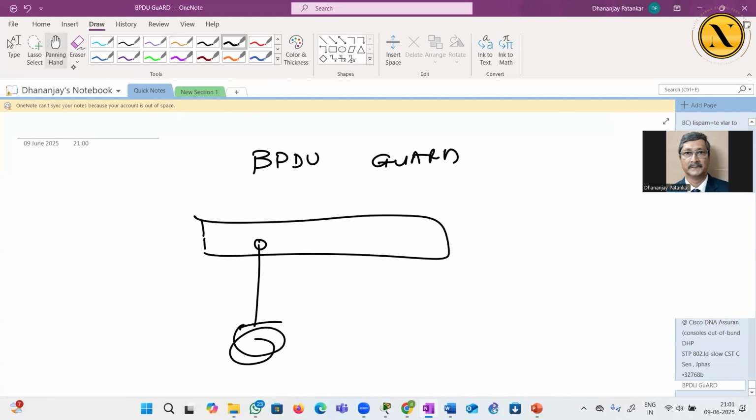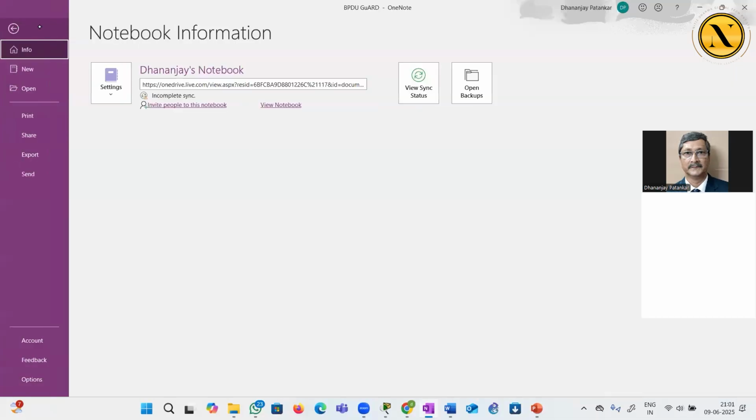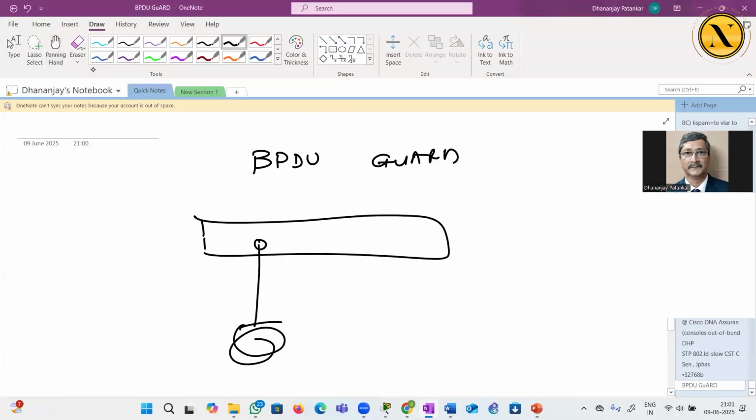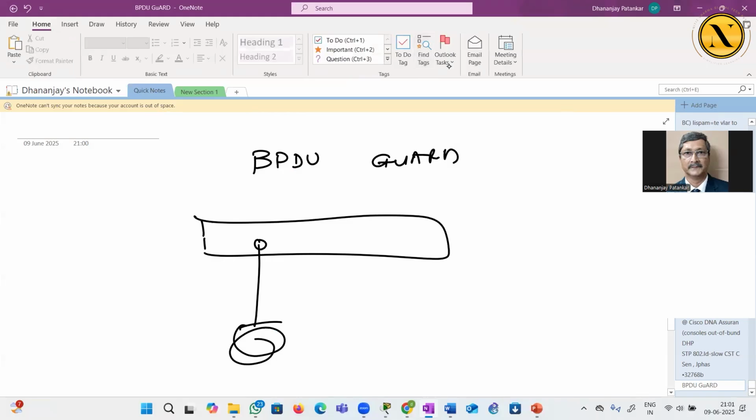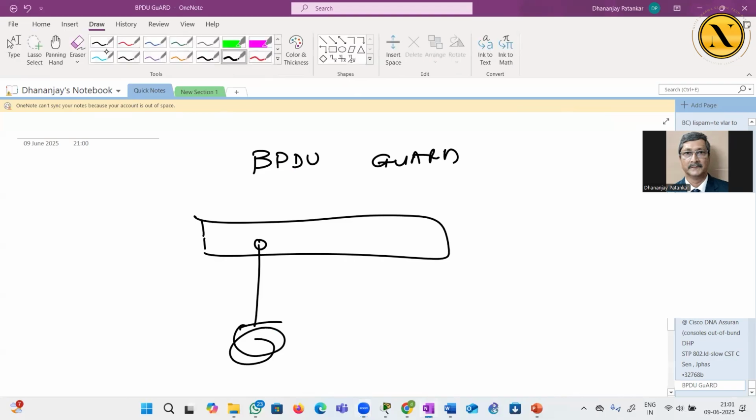What if a smart guy who's doing some cyber security course removes this cable, and instead connects a small switch here?